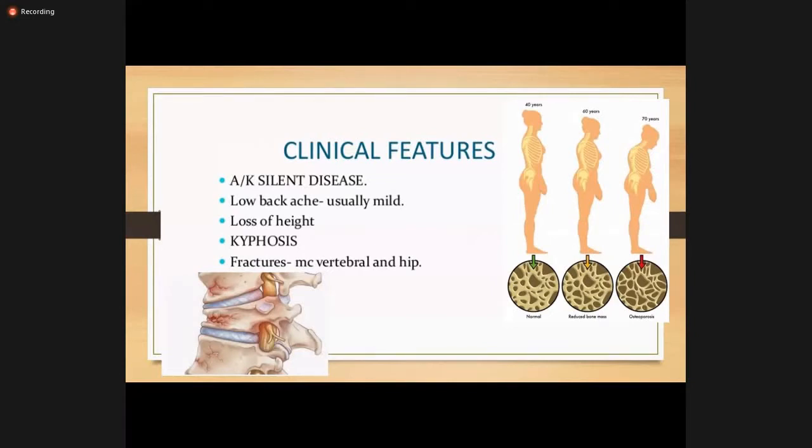Lower backache with dorsal kyphosis and loss of height are the features which alert someone to the development of osteoporosis. Fracture most commonly occurs at the sites of hip and vertebral areas. This loss of vertebral height and compression of the vertebrae leads to kyphosis as well as loss of height, and the patient bows down with the passage of time.